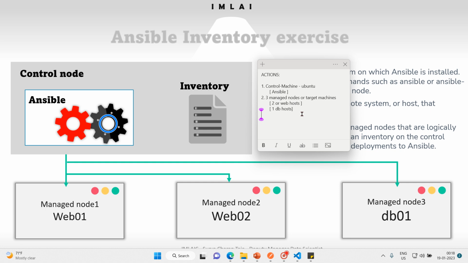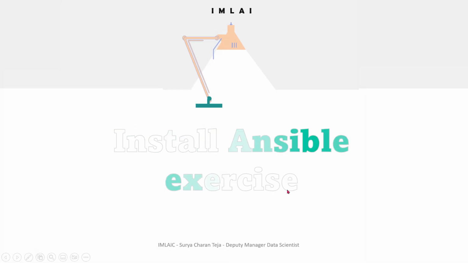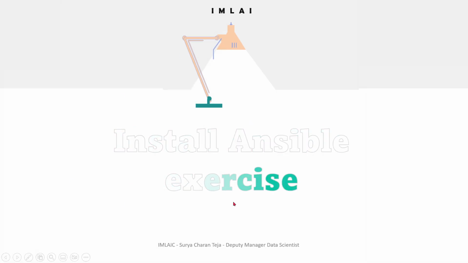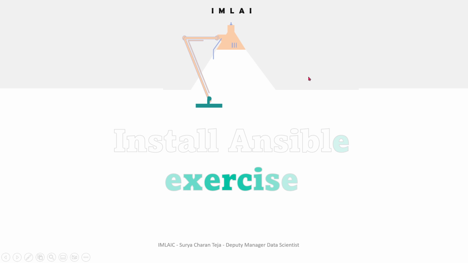This is what we're going to do, so let's do it one by one. Our first initial target is to set up the EC2 instances and install Ansible, and that is our first exercise.